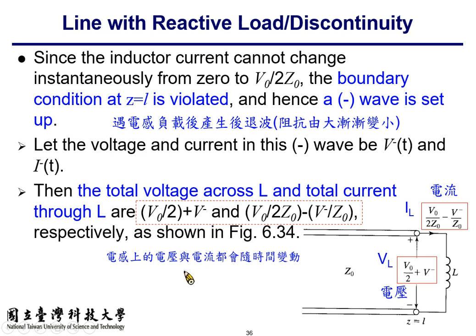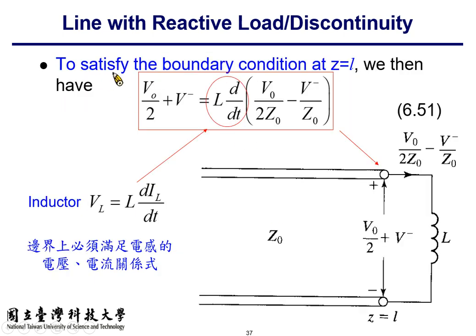But we can use the boundary condition, that is, the voltage and current relationship on the inductor, to help us find the expression for the V minus and I minus signal. So the key is the relationship of voltage and current on an inductor. Referring to the equation on the left, for an inductor, the voltage across the inductor must equal the inductance times the time derivative of the current in the inductor.